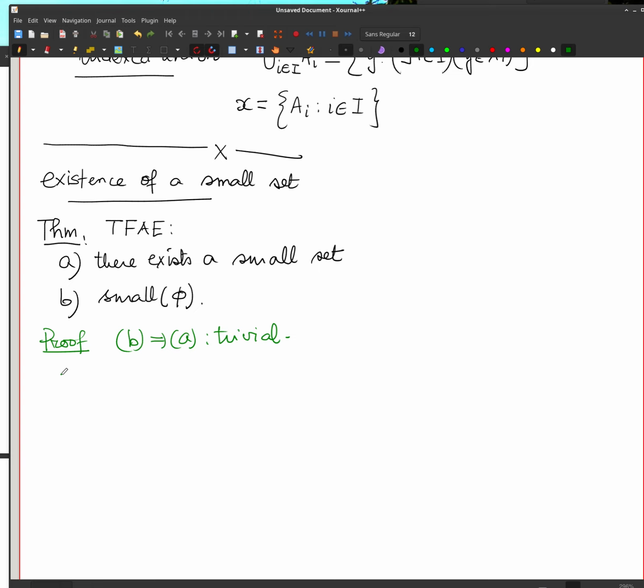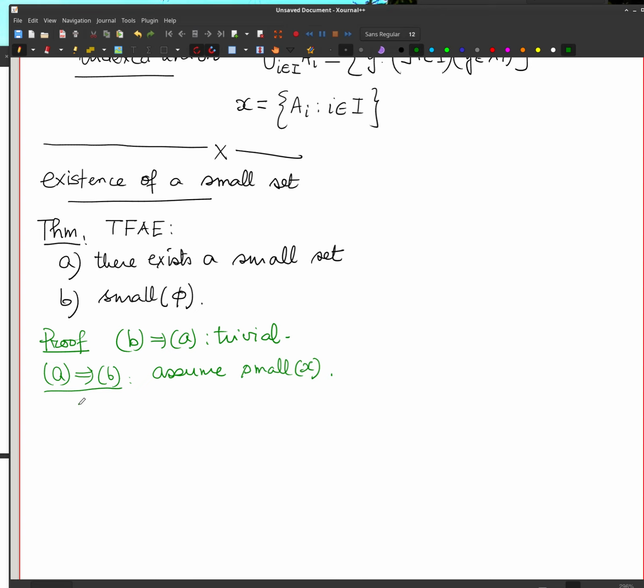So for A implies B, assume X is a small set. So you know that there exists a small set.